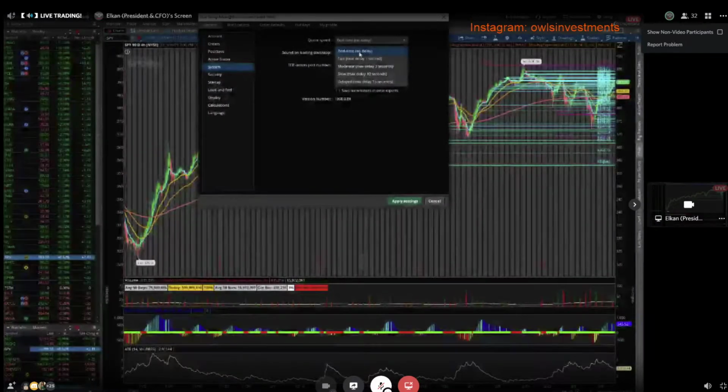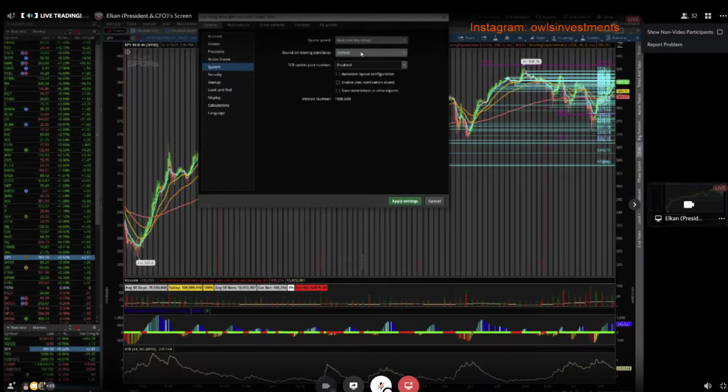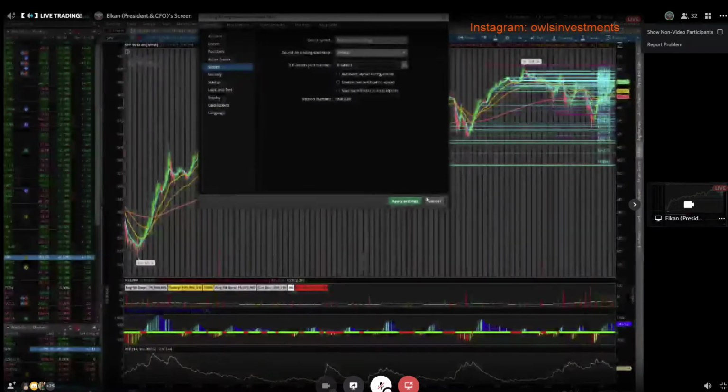Even though Thinkorswim tells you that you have real-time data, they usually give you a 10 seconds delay, 3 seconds delay. So make sure you get the real time, the no delay. And just apply settings after that.